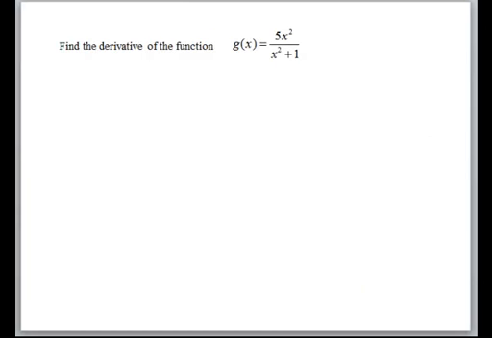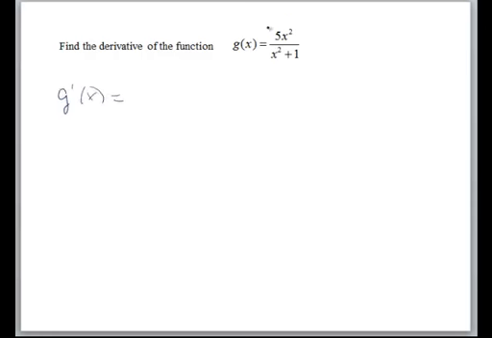Okay, here's another example. Again, I have a quotient. I have a numerator and denominator both with the variable x in them. So to take the derivative with respect to x, I need to use my quotient rule.